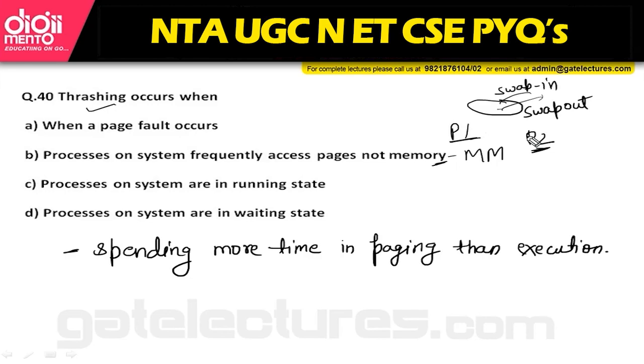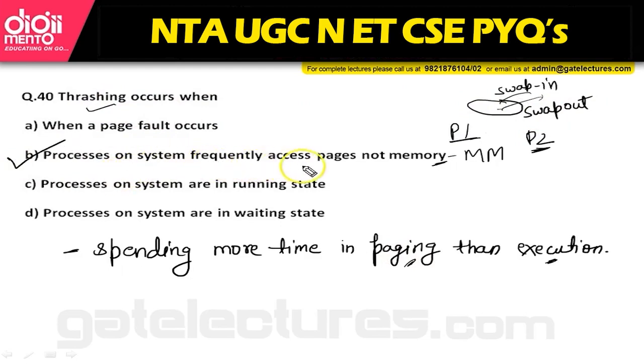This problem is known as thrashing, and in this the system practically stops. It stops execution because it cannot fulfill the requirement. It is spending more time in paging than in execution. When it spends more time in paging than execution, no process will actually execute, and they will only swap in and swap out. This is the problem known as thrashing.